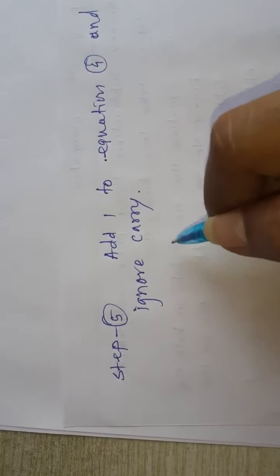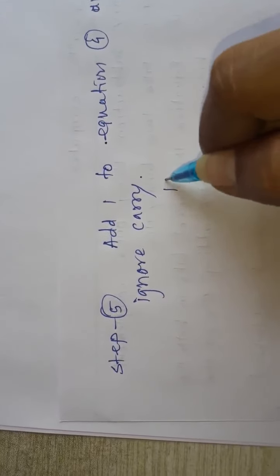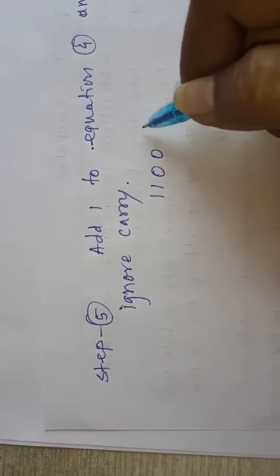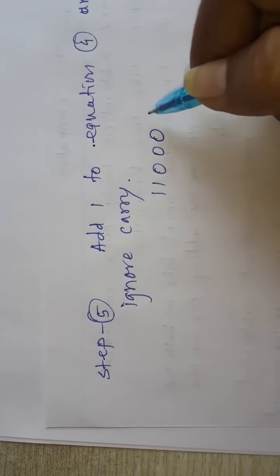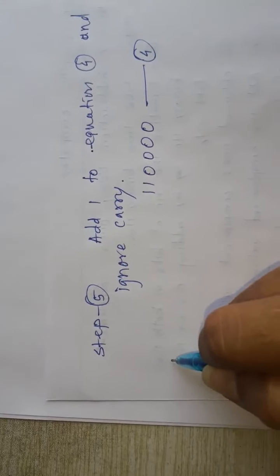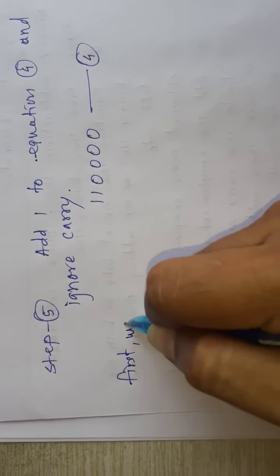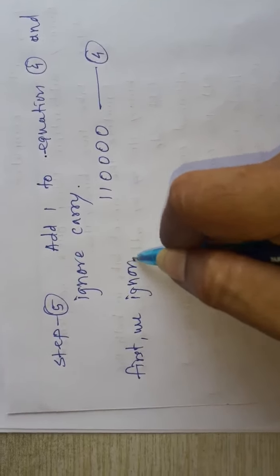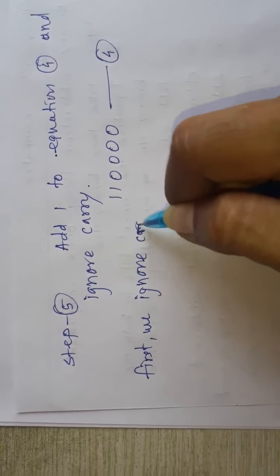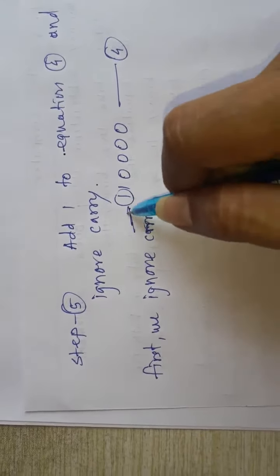What is equation 4? We know that equation 4 is 1 1 0 0 0 0. So first we ignore the carry. We know this is the carry.